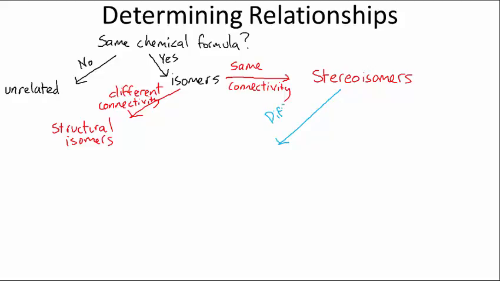So do they differ in arrangement around a double bond? Then they're E/Z isomers, which means they're diastereomers.